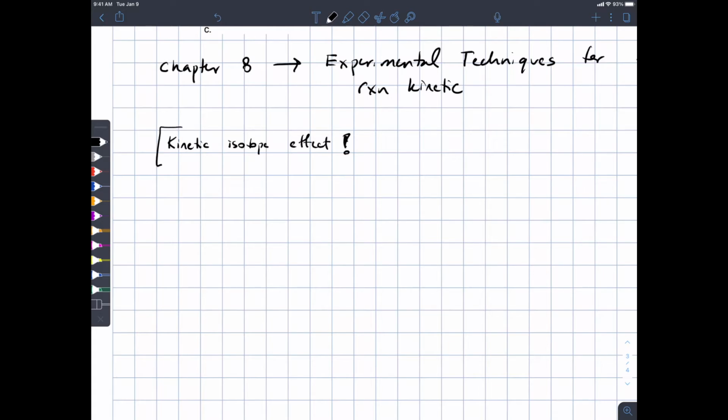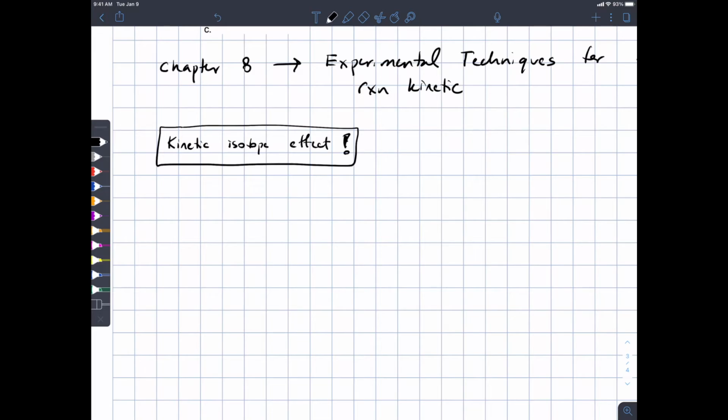When I first taught this class, I only vaguely remembered learning about kinetic isotope effects, and I thought I sort of understood them, and then the material presented here actually made it quite a bit more complicated than I thought it was. So, what do you know about kinetic isotope effects? What have you heard?